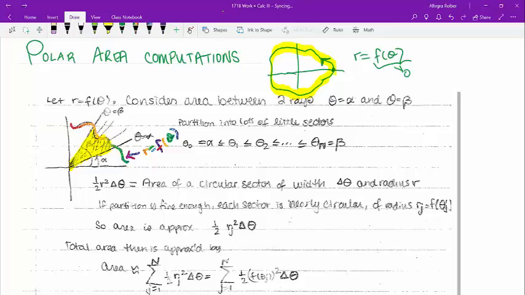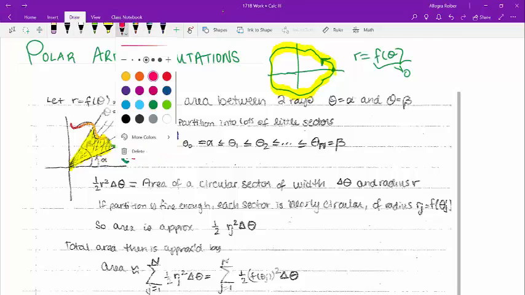So if I want the area between these two rays, theta equals alpha and theta equals beta, looking at points that satisfy that with a positive radial measurement, I'm going to play a similar game to when I was adding up areas in Cartesian coordinates. There, the tradition was to consider little rectangles moving along the axis. In polar, the analogy is to consider teeny tiny wedges, little miniature sectors.